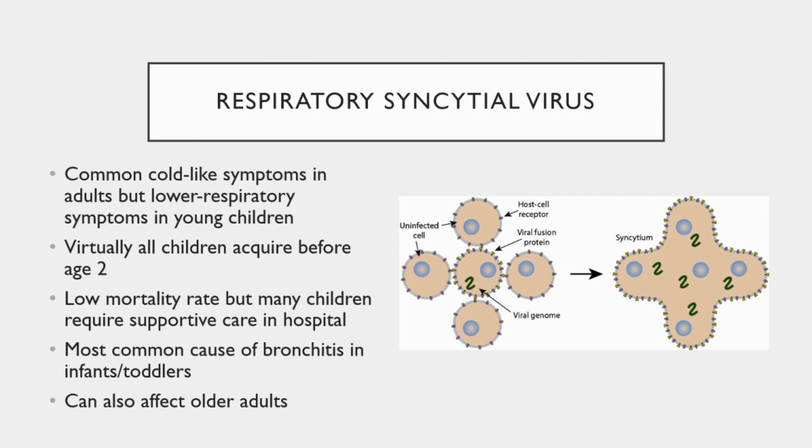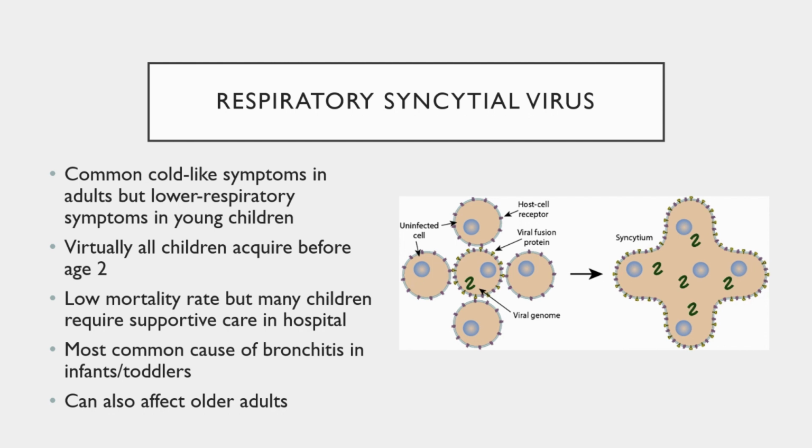Among adults, RSV is a common cold type virus, but among young children, it tends to affect the lower respiratory system. Virtually 100% of children acquire an RSV infection before the age of 2. And while it has a low mortality rate, many infants require supportive care in the hospital when they are infected.